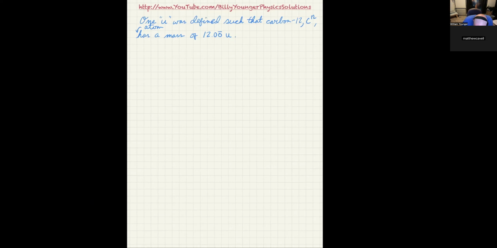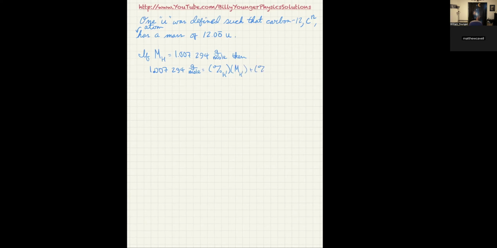So let's say the molecular weight of hydrogen is equal to 1.007294 grams per mole.